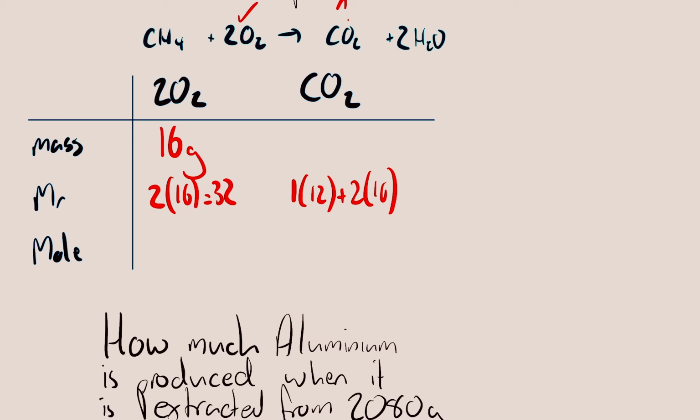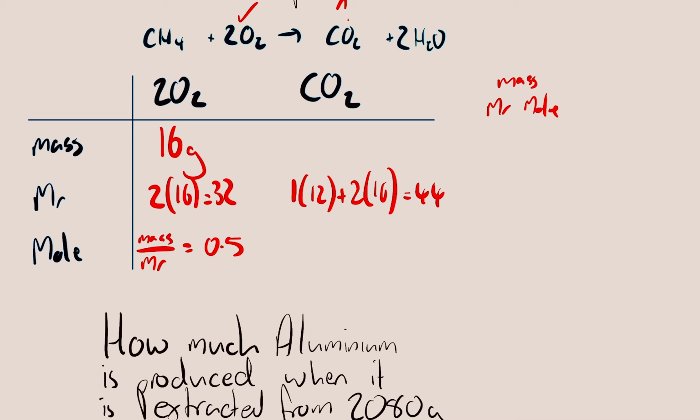Now, I've got 2 pieces of information for this. So mass, Mr. Mole. Here, I need to do mass over MR. So that's my 16 divided by 32. And there I get to 0.5.